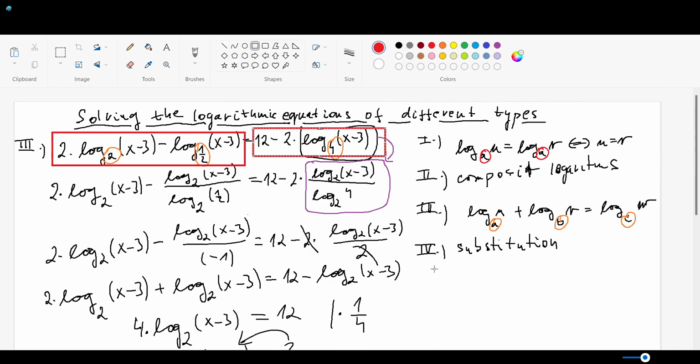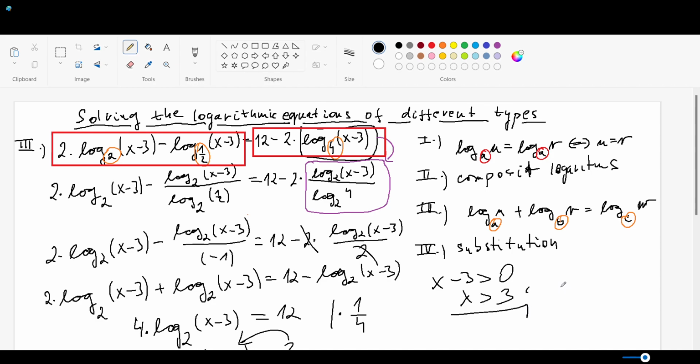The next thing you should do is the check, or in this case it's very easy to define the domain of these two functions, and the domain is defined as if and only if x minus 3 is greater than 0, which means x is greater than 3.